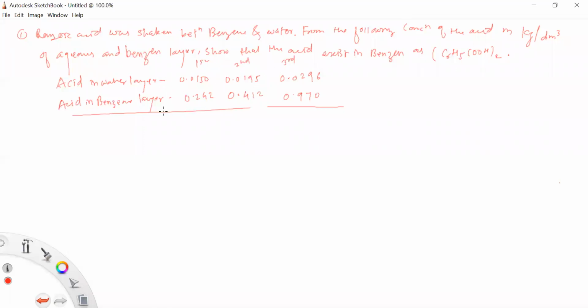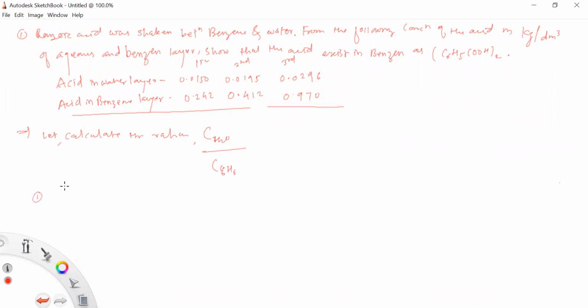So after this extraction, the remaining concentrations of your acid, the benzoic acid, in the first, second, and third extraction in the benzene layer and the water layer. Okay. आणि आपल्याला काढायचं काय आहे, let us calculate the ratio, that is concentration of H2O upon the concentration of C6H6, benzene and water.